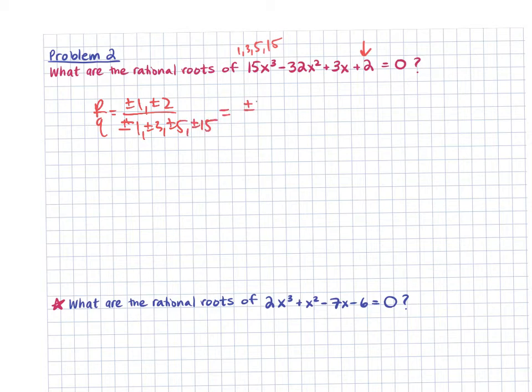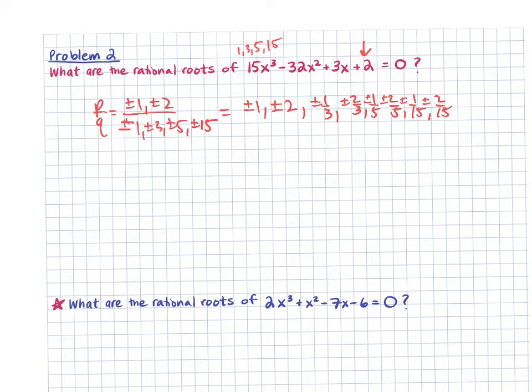There's 1, 2, and then 1/3, 2/3, 1/5, 2/5, 1/15, 2/15, and then the plus or minus of all of those. So there's a bunch here: 1, 2, 3, 4, 5, 6, 7, 8, so 16.